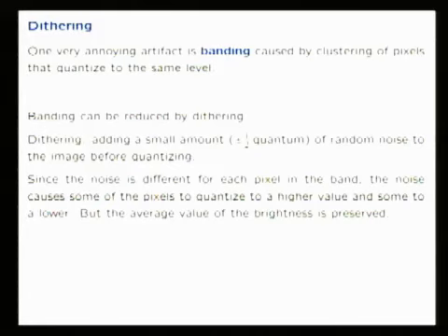Then, even if the pixels came from a region that had nearly the same amplitude to start with, each individual pixel gets a different amount of noise, so they quantize differently. And if I choose my noise in a clever way, I could choose a random number generator that gave me numbers evenly distributed over the range minus 1/2 quantum to plus 1/2 quantum.